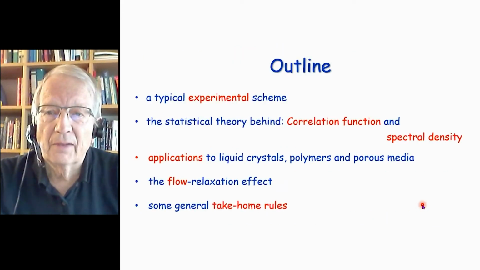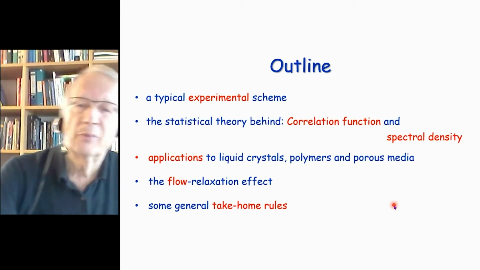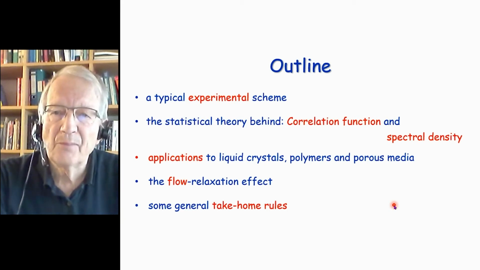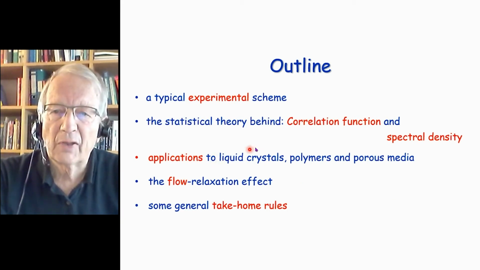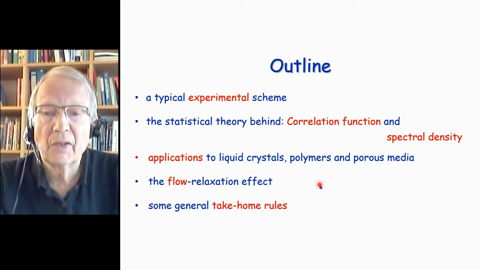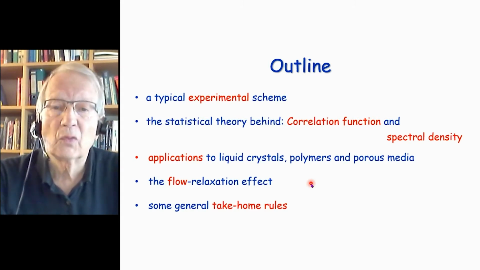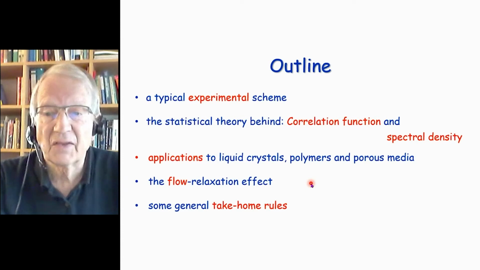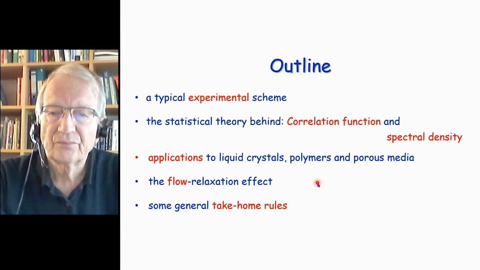In this talk, I will first describe a typical experimental scheme, including the limits of applications, and then we will discuss a statistical theory behind all that, and this especially refers to correlation functions and spectral densities. How can we calculate such functions?